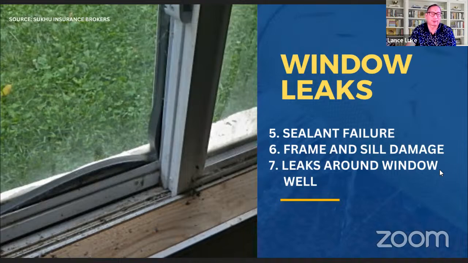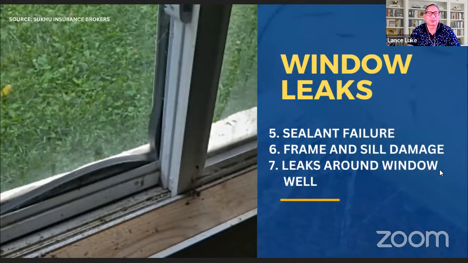It's pretty obvious when we see that, or sometimes it's missing. I've seen some houses where it's totally missing, and I asked, what happened to the gasket? They said it was lifting up and too hard to clean, so they just removed it. I said, do you know what the purpose was? I think you have to put it back or get somebody to fix it. So sealant failure, caulking, your gaskets, your frame and sill damage. You want to make sure that everything's watertight.